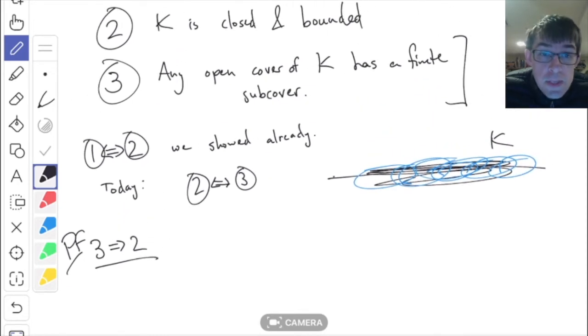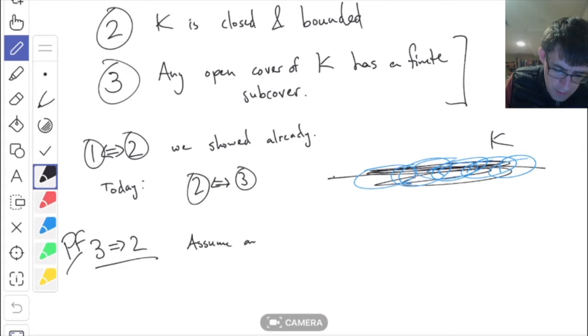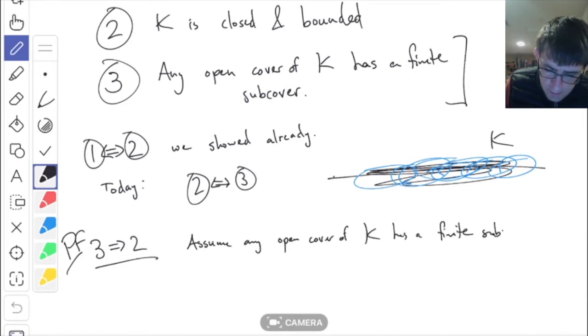So 3 says any. We're going to assume any open cover has a finite subcover, and then we have to prove that it's closed and bounded. So I'll say assume any open cover of K has a finite subcover. And then I want to show K is closed and bounded.